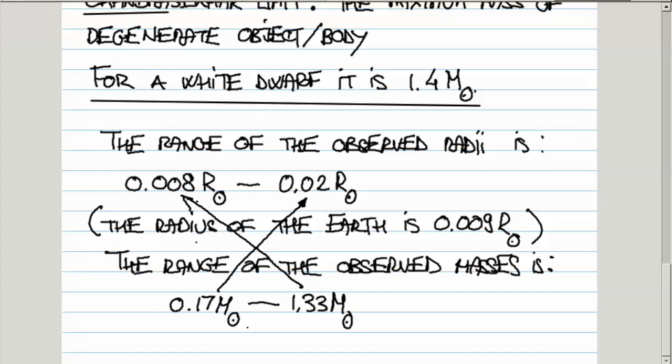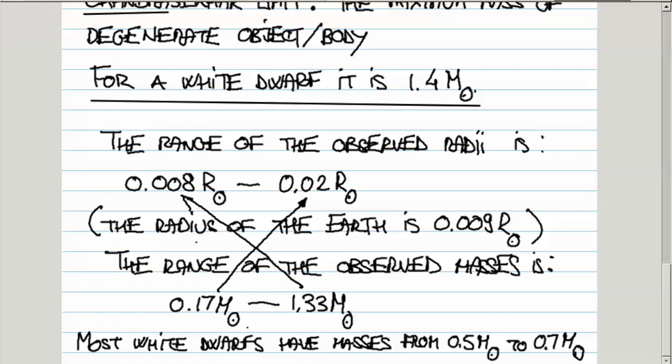Because there is a whole range of radii, and the smallest ones, the most massive ones, are indeed comparable in size to Earth, right? And I should add here that most white dwarfs have masses between 0.5 and 0.7 solar masses, with a maximum around 0.6, roughly half of the sun's mass.